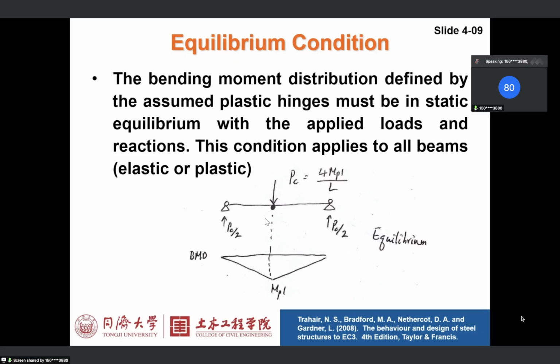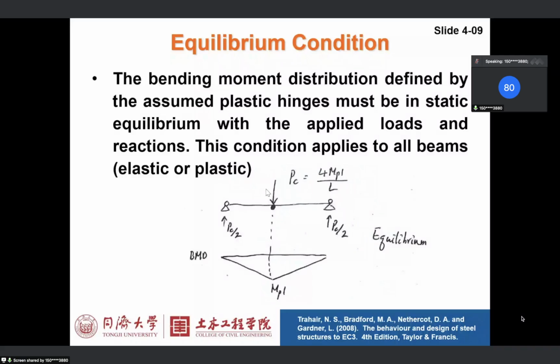And it's very simple. We have the bending moment here, MPL, which equals PC over 2 because of symmetry. This is PC, this is half PC, PC over 2 times this distance. I think it's L over 2, right? So based on this equilibrium, we can get PC, which is 4 MPL over L. It's very simple.